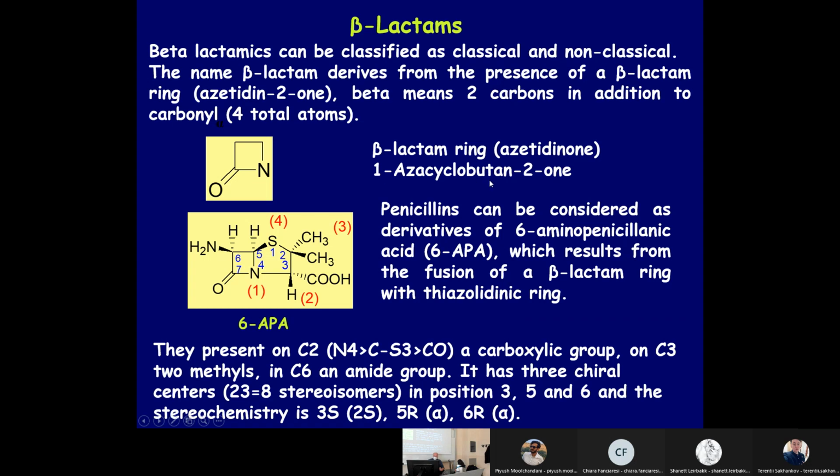It is a cyclobutan-2-one, you see. But what does beta-lactam mean? Beta, because there are 2 carbon atoms between the amido function. If there are 3 carbon atoms, we have a gamma-lactam. We can have delta-lactams. It depends on the number of carbon atoms present between the carbonyl and the nitrogen atom.